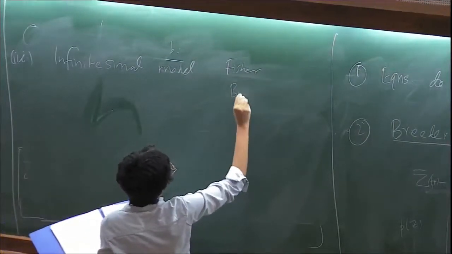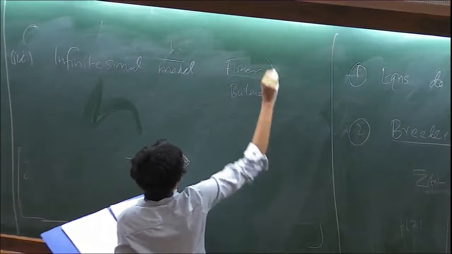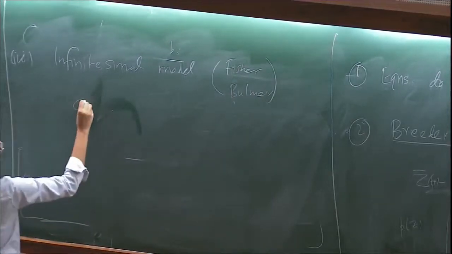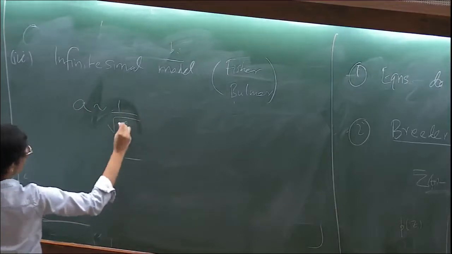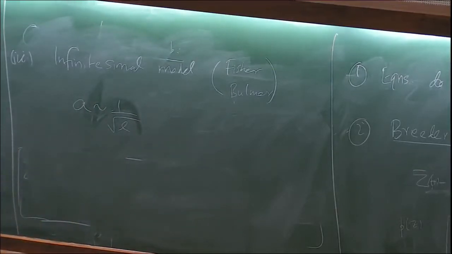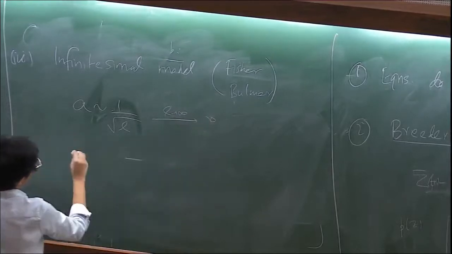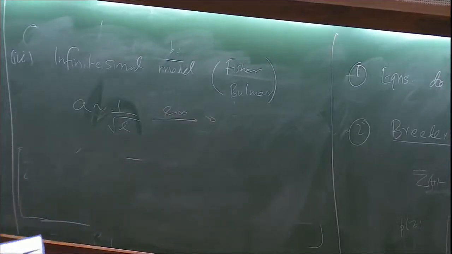And later on, there's a lot of work by Bulmer. So this says that the effects that I assumed, the sizes, should go like 1 by square root of L. So that as L goes to infinity, it goes to 0. And so one is thinking of a quantitative trait to be composed of a large number of loci, and each locus has a small effect.